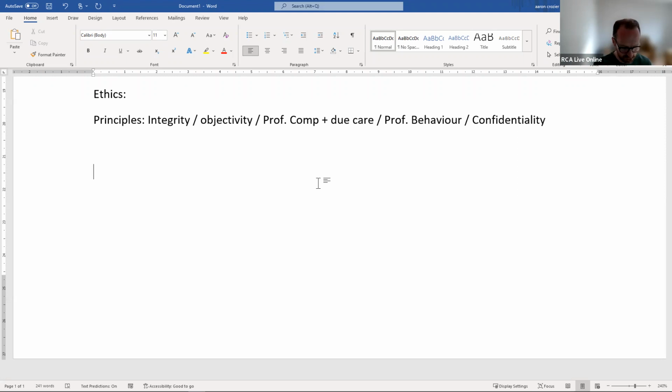Okay, so the definitions of those are important. Application of them is usually more through the ethical threats. So the threats to these are self-review, self-interest, advocacy. Okay, so let's think about those ones first.